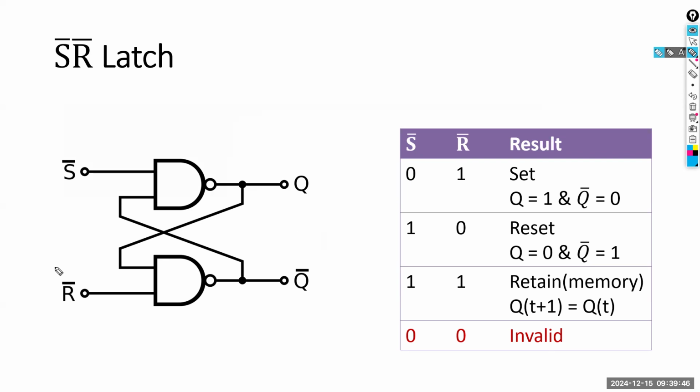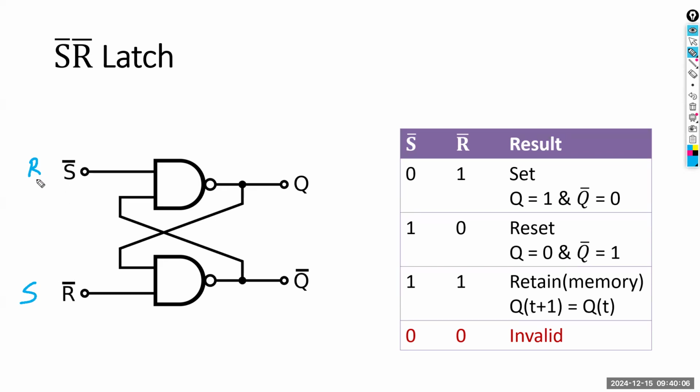Now remember, earlier we called this S and this R. Another name for S is R bar, and another name for R is S bar. This S bar and R bar is just to give it a different name.